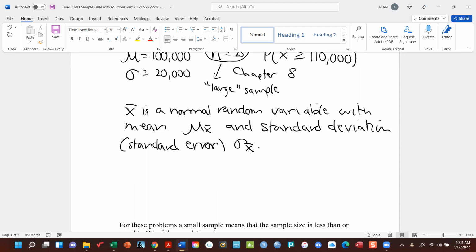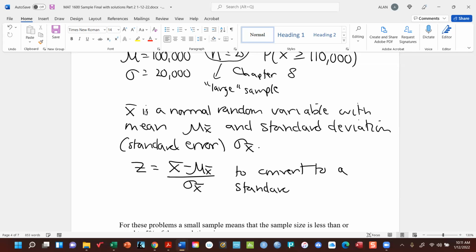And when it comes time to converting this into a standard normal form, this is the formula that we'll be using. And of course, the purpose of doing this is to make it possible to use the tables.